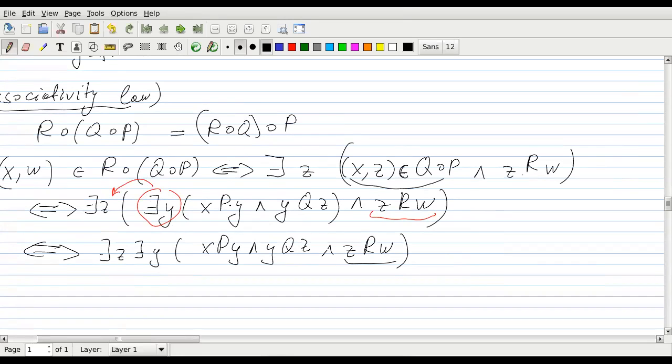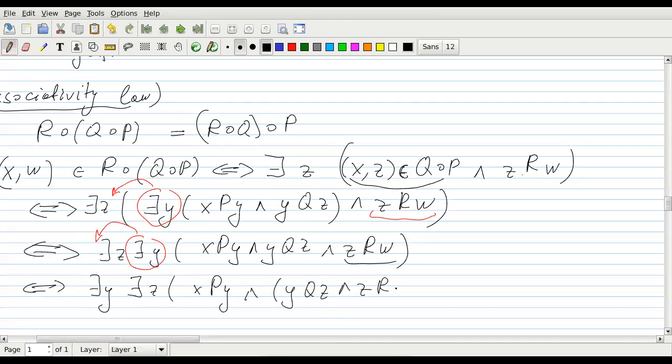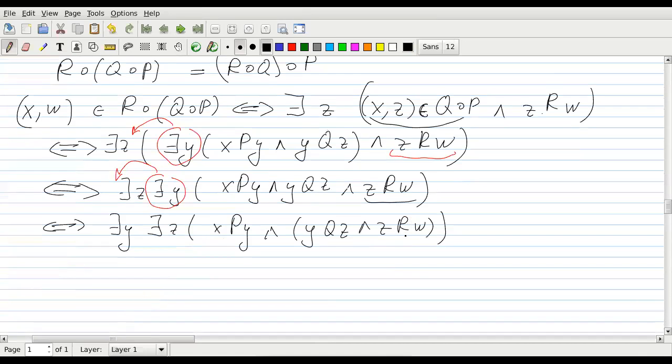Is it clear? Yeah. Also, I may change the order of quantifiers. Why not after all? Because they are both existential quantifiers. And now I'll group these two together. Is it clear?